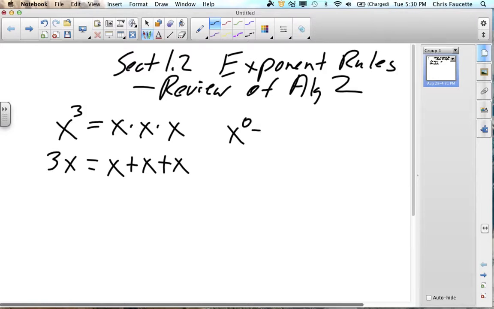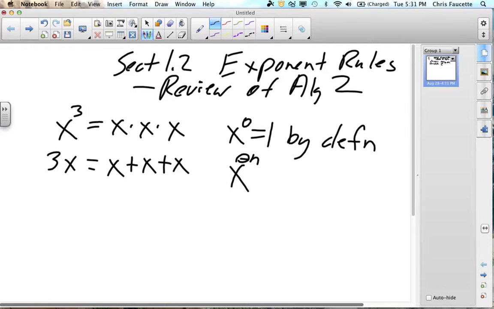Okay, x to the 0 equals 1. This is by definition. That's just the way this is defined. X to another power. Now you notice this has got a negative.